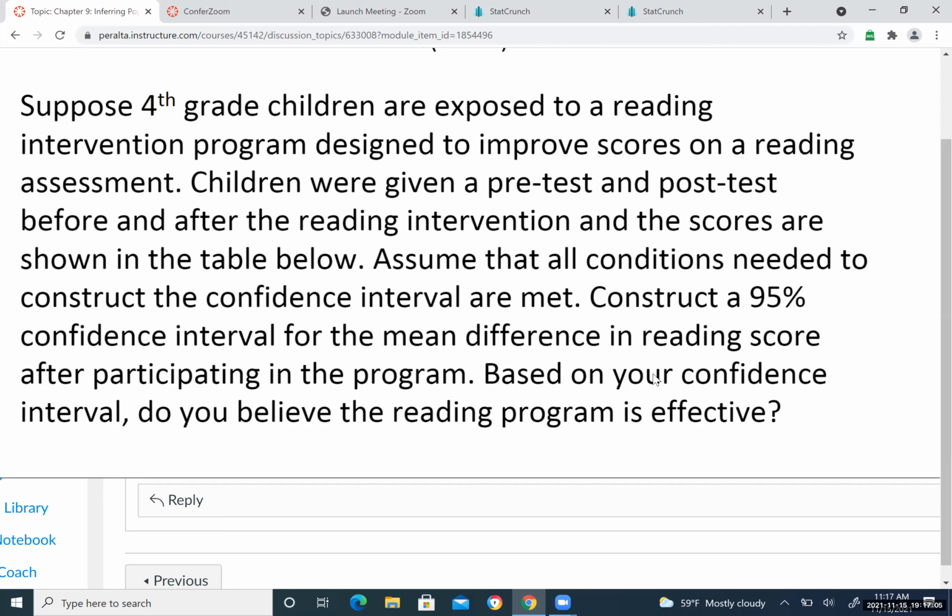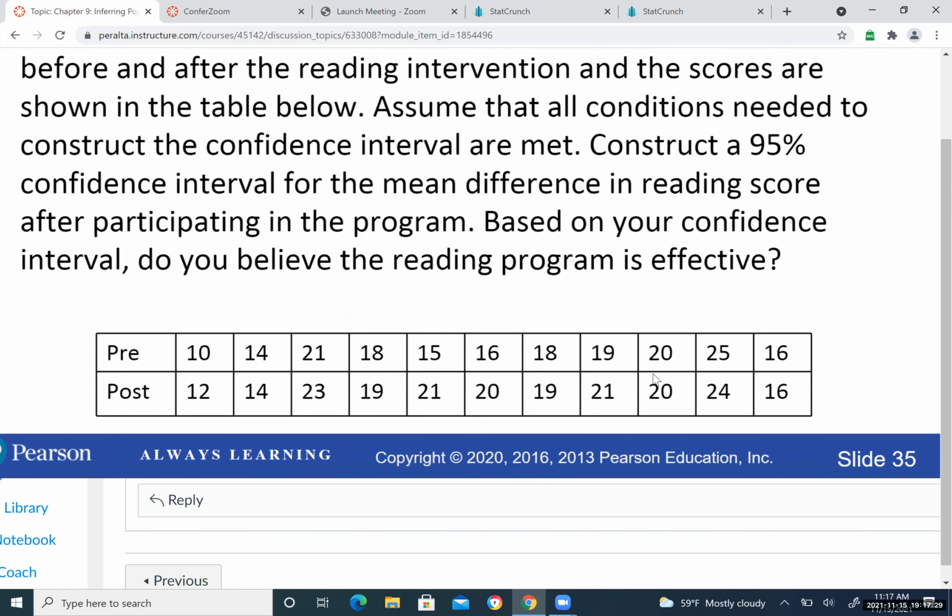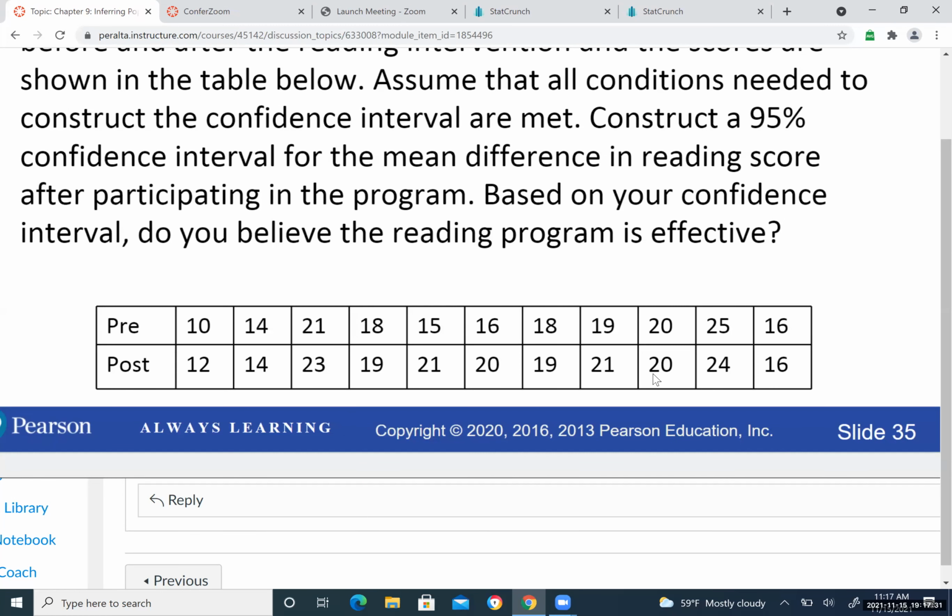Assume that all the conditions needed to construct a confidence interval are met. They want us to construct a 95% confidence interval for the mean difference in reading score after participating in the program. Based on your confidence interval, do you believe the reading program is effective? It looks like they're not giving us the data yet, maybe in the table below. There you go, pre and post.